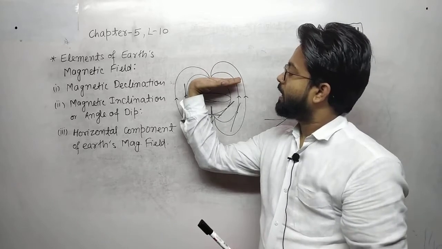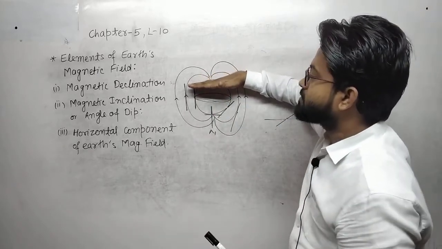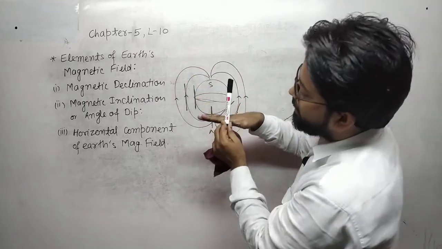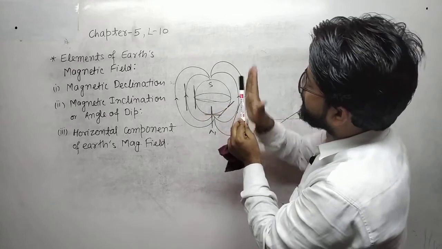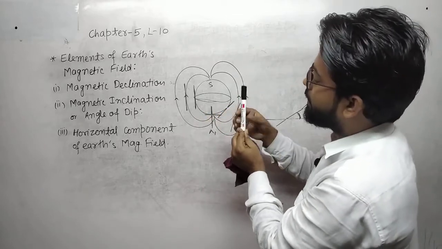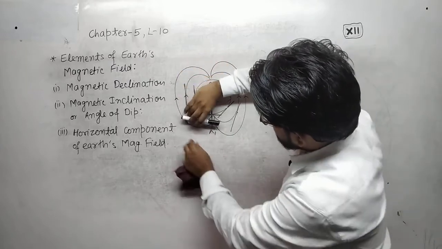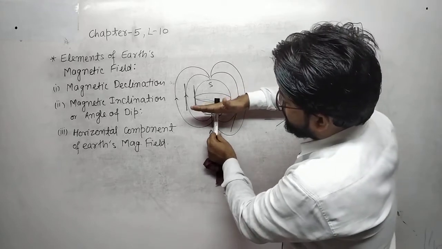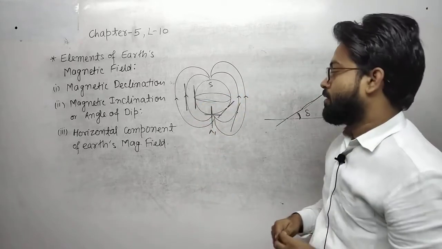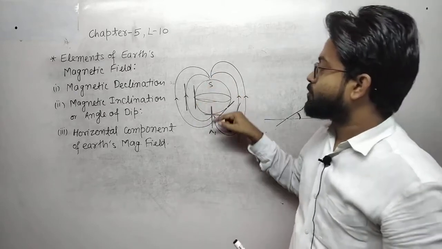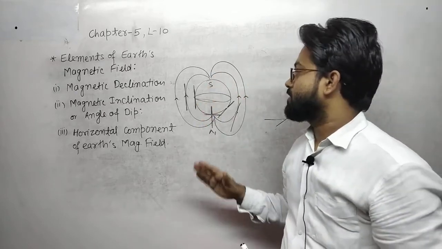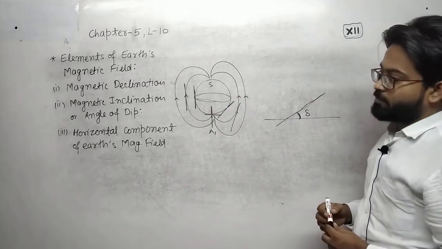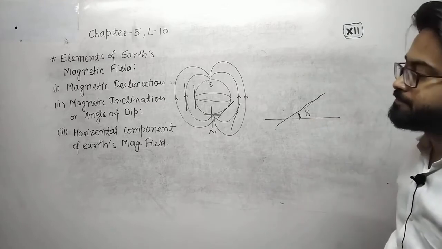But at the pole, the Earth's surface is this and the magnetic needle will be like that, meaning the angle between the Earth's magnetic field and the Earth's surface is 90 degrees. At the north pole, the Earth's surface and magnetic field are perpendicular. At any other position the angle is neither 0 nor 90 degrees. Hope you are understanding, and this angle is denoted by delta.